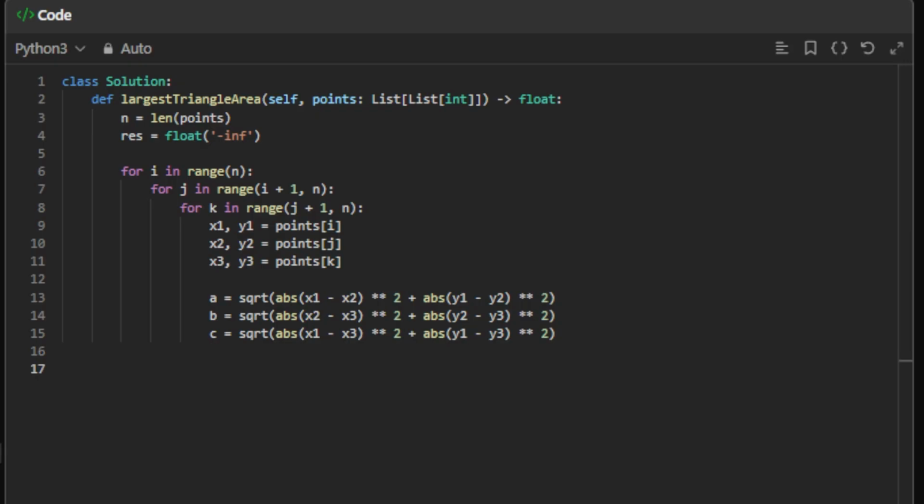Now we can get the semi-perimeter, which is the perimeter A plus B plus C divided by 2.